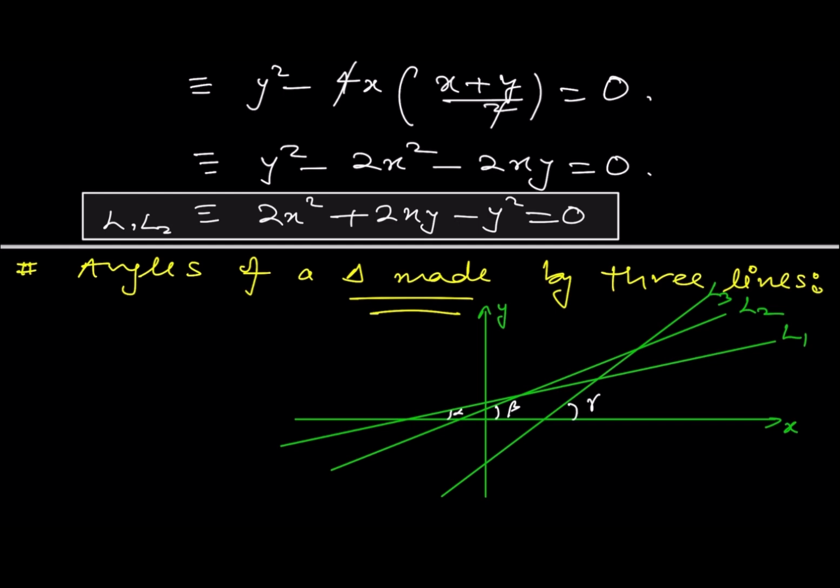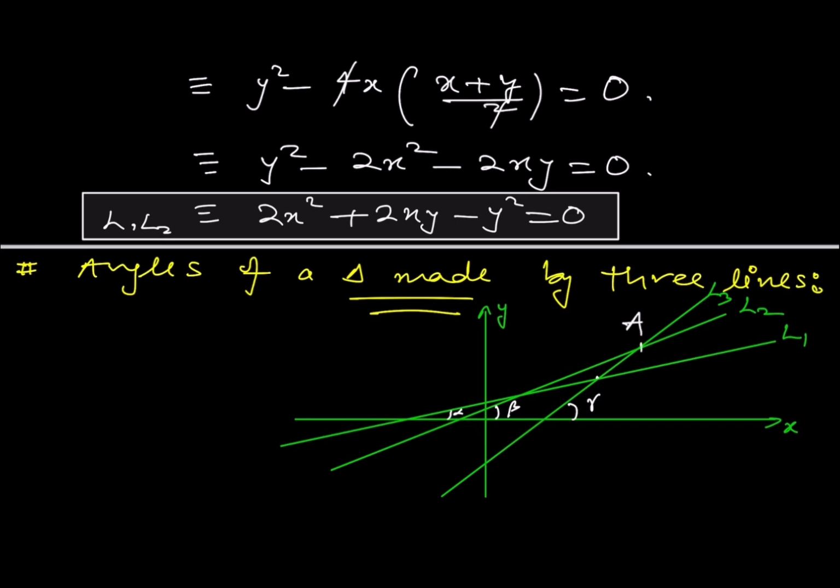Now the triangle made by these three lines is ABC. Vertex A is with the line L2 and L3.